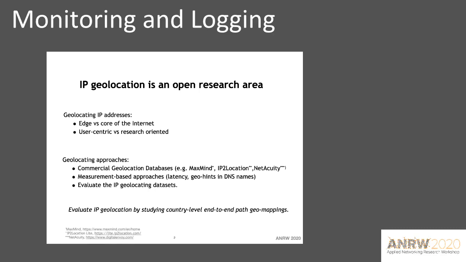Existing geolocation approaches can be divided in two categories: commercial geolocation databases like MaxMind and IP2Location, and measurement-based approaches that aim to identify the location of IPs based on either active measurements and/or by leveraging geo-hints in the DNS names.